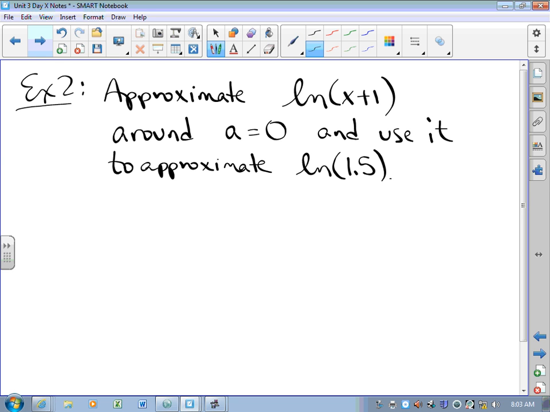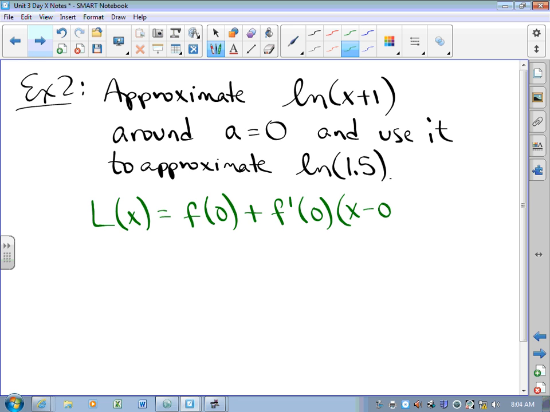If I want to linearize ln of x plus 1, I need f at my special place plus f prime at my special place times x minus special place.